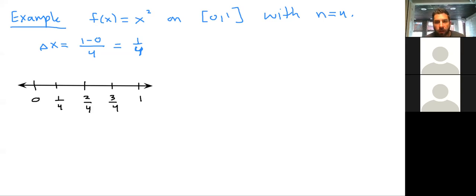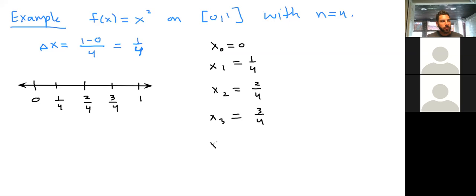So before I go to those scary formulas, I do this. Okay, so what are my x subscripts now? Well, my x sub 0 is 0. My x sub 1 is 1/4. My x sub 2 is 2/4. My x sub 3 is 3/4. And my x sub 4 is 4/4, or 1.